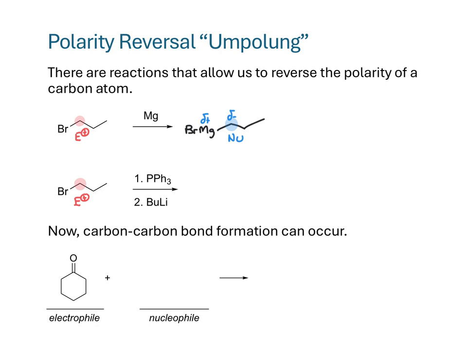If we turn that into a Wittig reagent by adding triphenylphosphine, which first gives us this, followed by butyl lithium, which will just deprotonate that carbon. Now we see the negative charge on the carbon, therefore it's nucleophilic.